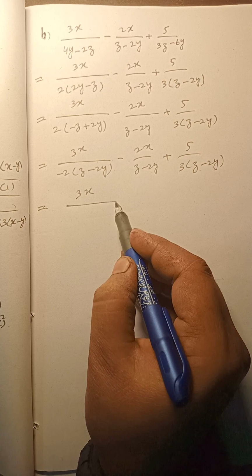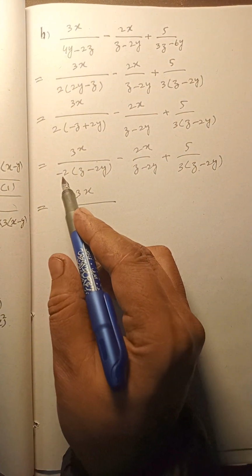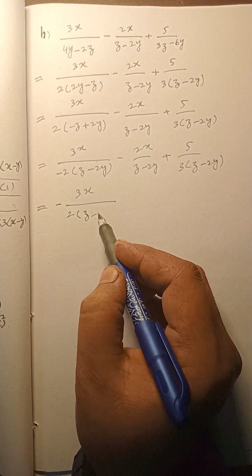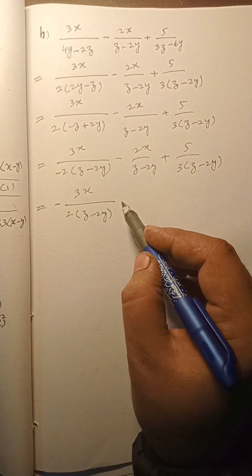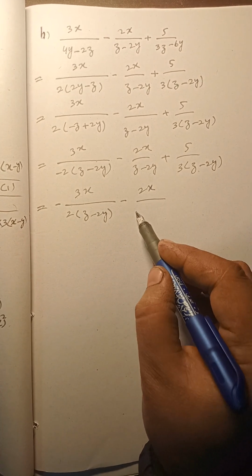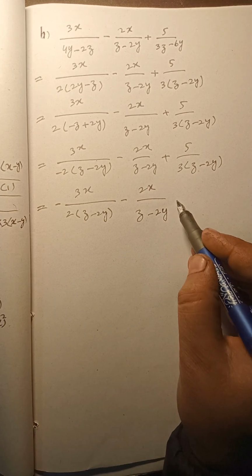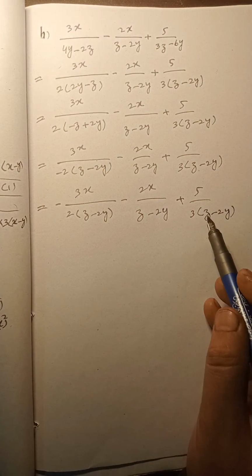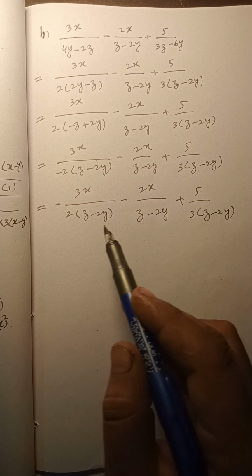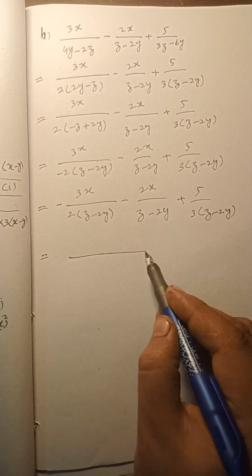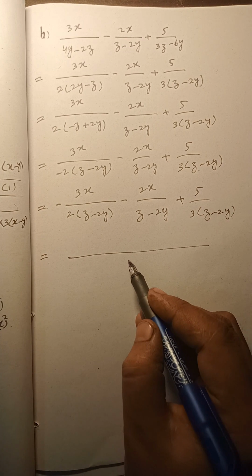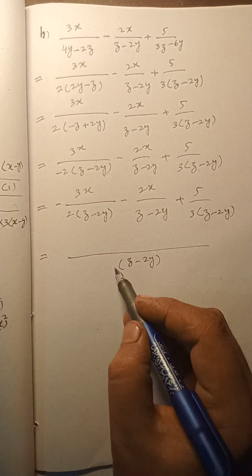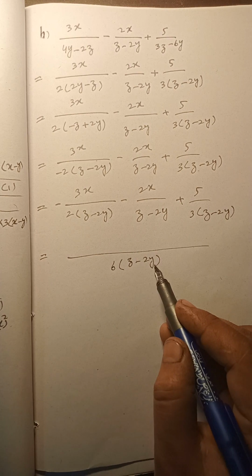You can see here, this minus can be written here, and 2 into z minus 2y, these are our denominator, which are same, z minus 2y, all the denominator are same, z minus 2y, only 3 and 2 are different, so we will take same as their common, z minus 2y will be taken only one time, and this 3 and 2 will be multiplied, 3 2s are 6, 6 into z minus 2y is our LCM.